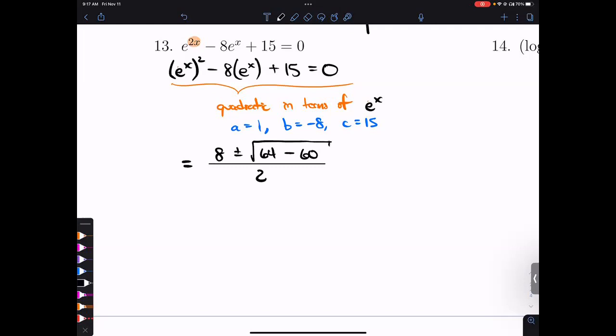The difference is that since this is quadratic in terms of e to the x, this isn't x, but it's e to the x.